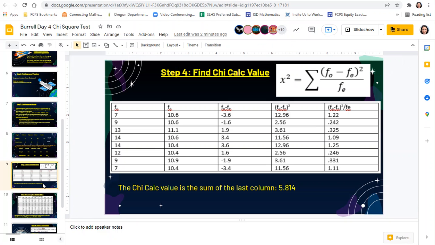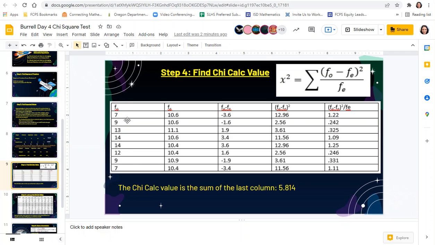Then we get to this. These numbers, the first two columns, are the numbers we already have. You have your expected values here, and you have your observed values here. So going back, we expected 10.6 of a certain color M&M, and we had 7.